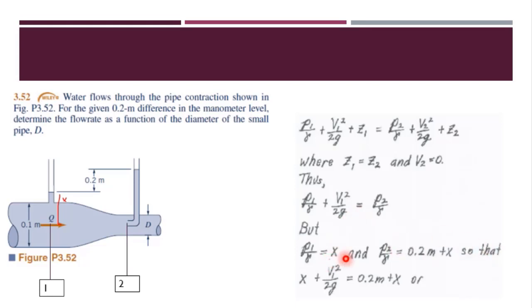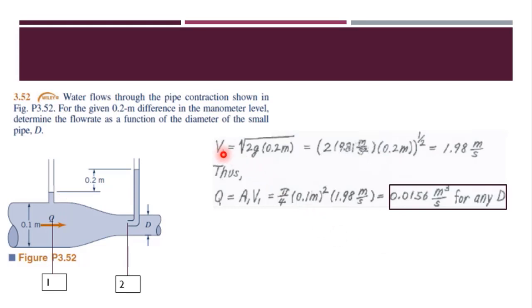So with this, we write our Bernoulli equation again, putting these values of P1 over gamma and P2 over gamma back in the Bernoulli equation, and we have X plus V1 square over 2g is equal to 0.2 meters plus X.